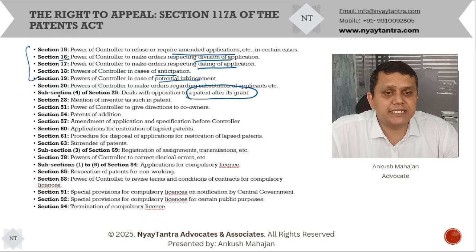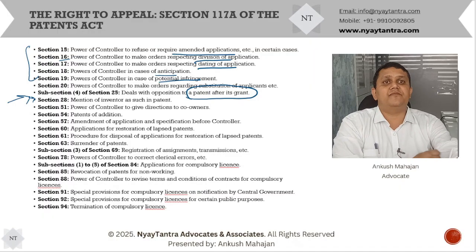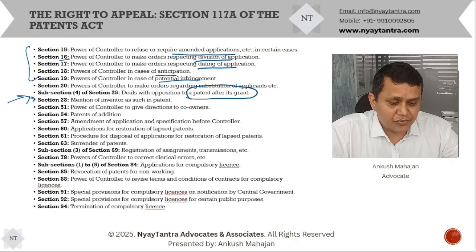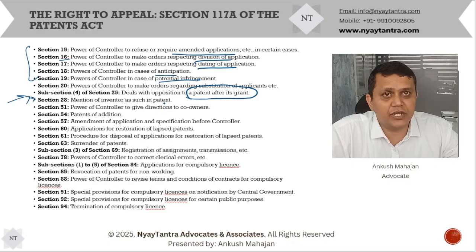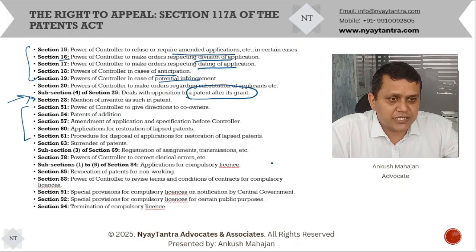Then other sections are like, if the inventor's name is missing, let's say, and you being an inventor, your name was missing, and the Controller does not allow your name to be listed in the patent application, then you have a chance to file an appeal against the order passed under section 28, right? Apart from these various sections, if you look at this whole scenario of compulsory licensing, right?